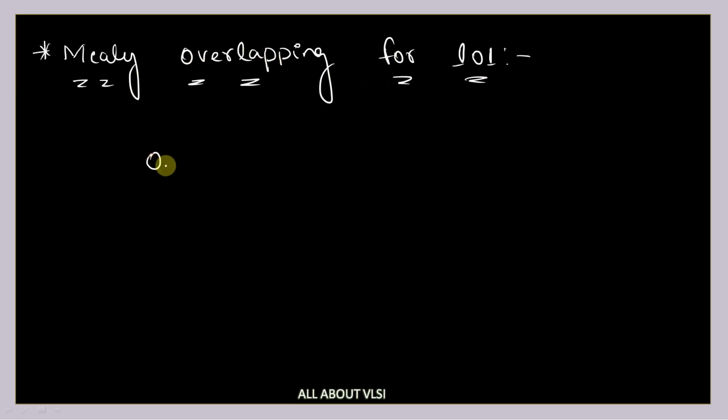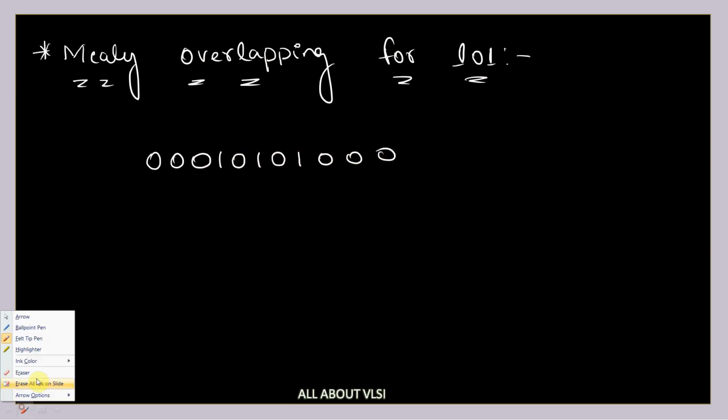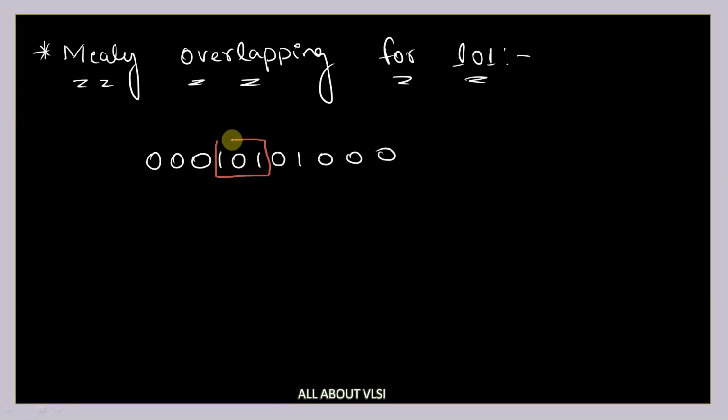Let's say suppose we have 0, 0, 0, 1, 0, 1, 0, 1, 0, 0, 0, like this. If we have a sequence like this, then 101 has been detected, and we can also overlap with this previous sequence. And here our output will become 1, and here also our output is becoming 1. This is the case of our overlapping.